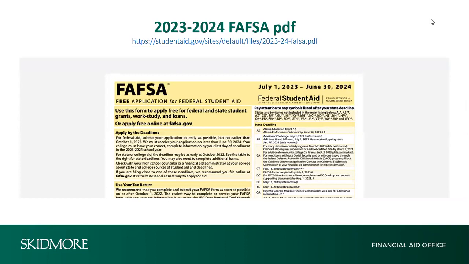This is just a screenshot of the PDF of the 23-24 FAFSA. So you can go to this URL, you can print out a copy of the PDF, which is not a bad idea before you get started completing a FAFSA. You can take a look at the questions that will be asked. You can gather your data together to make sure you can answer those questions.